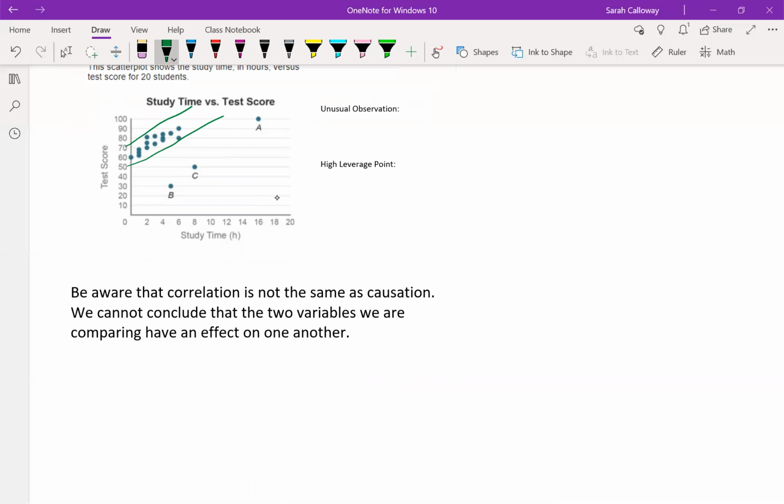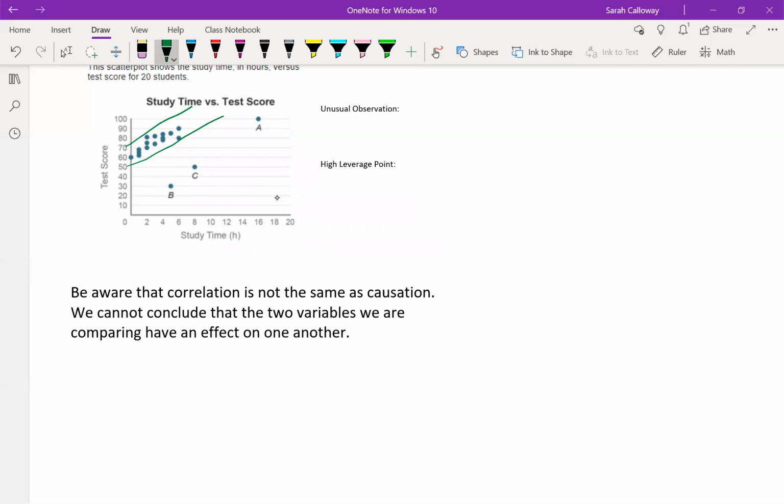If a dot is outside of those lines, it could be an outlier or a high leverage point. Outliers, or unusual observations, will always be outside those lines. High leverage points could be within the lines. They have another factor by which I identify them.